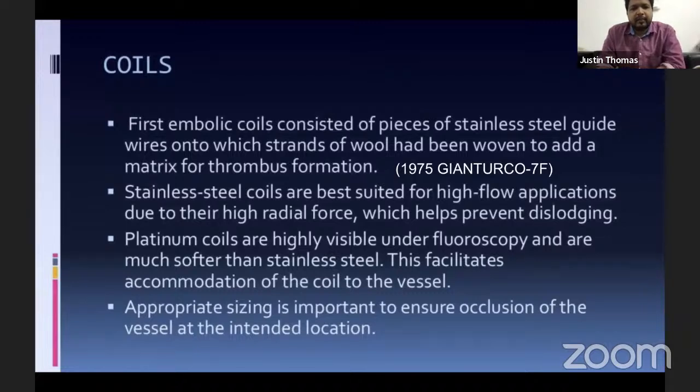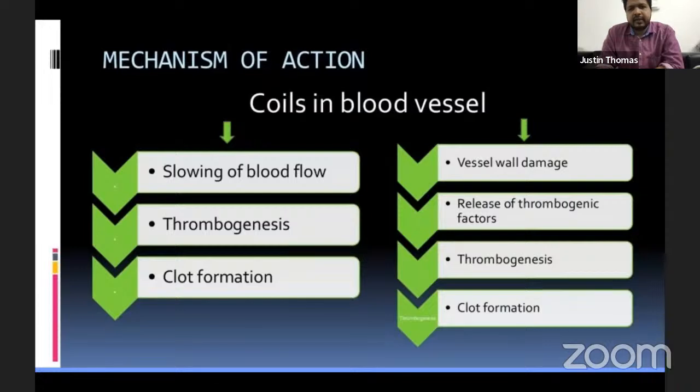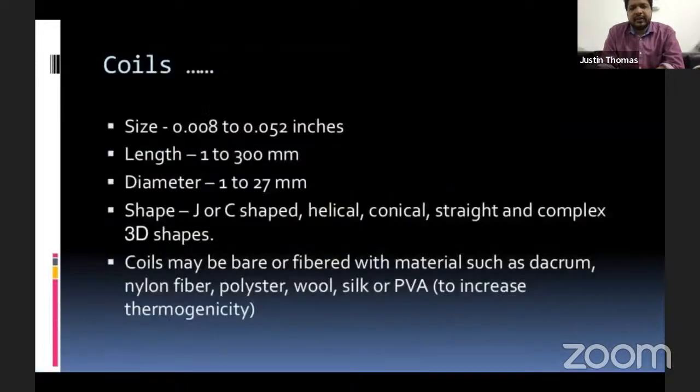And there should be appropriate sizing to ensure the occlusion of the vessel at the intended location. So what coils will do is slow the blood flow, cause vessel wall damage, and release thrombogenic materials, leading to formation of clot. Coils are available in various sizes, lengths, diameters, and shapes.